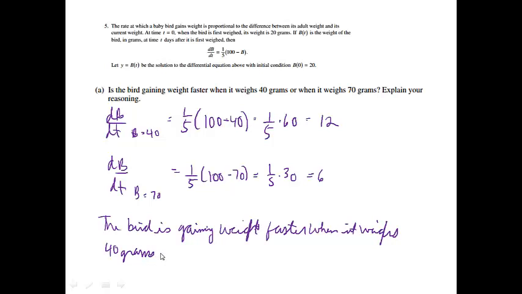And then it's said to explain your reasoning, and I'll just say because db/dt when b equals 40 is greater than db/dt when b equals 70. So that's my reasoning. That would have given us 2 points, one for actually using db/dt to get my answer, and then one for the correct reasoning.